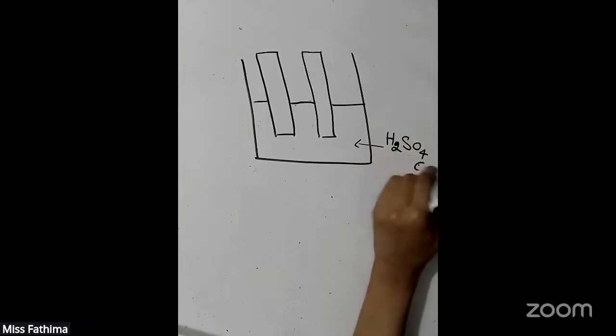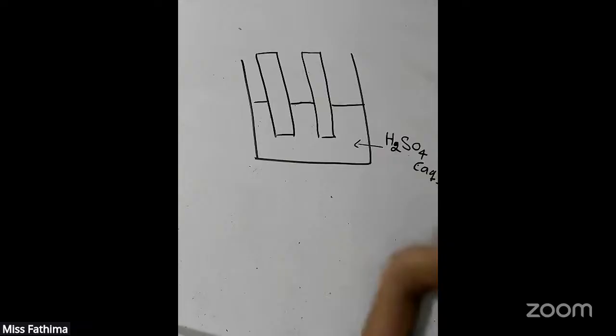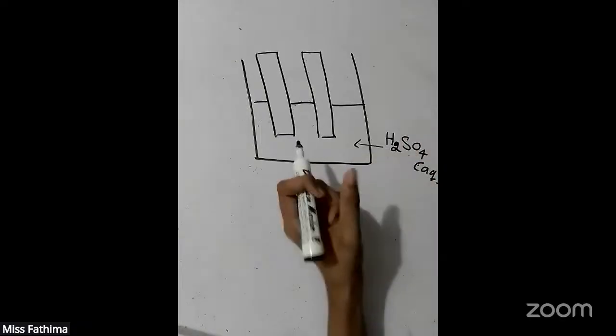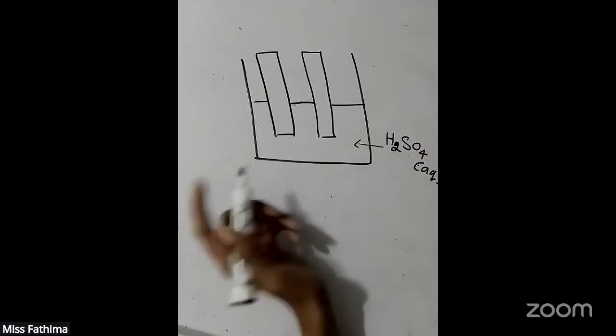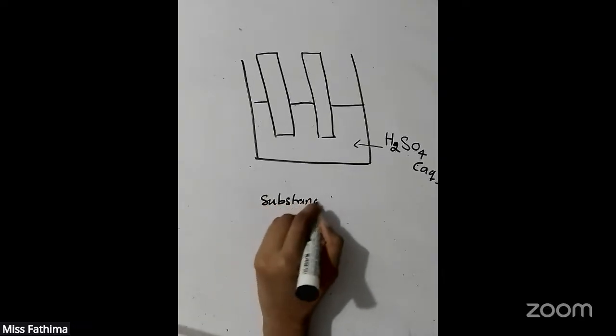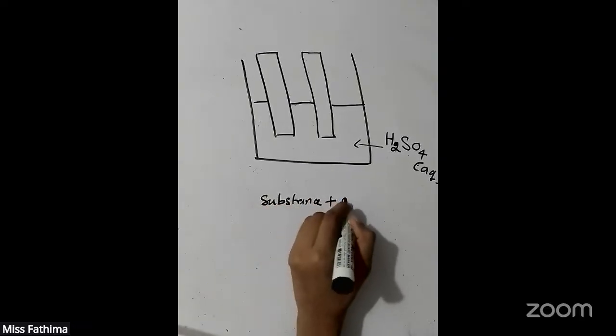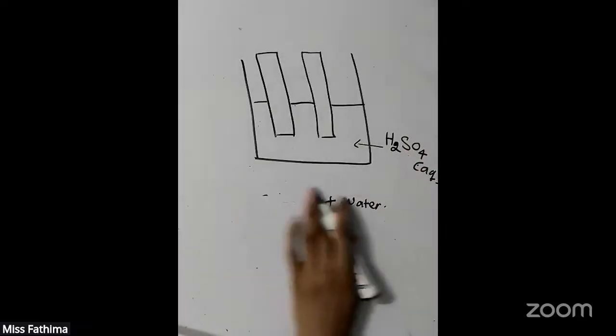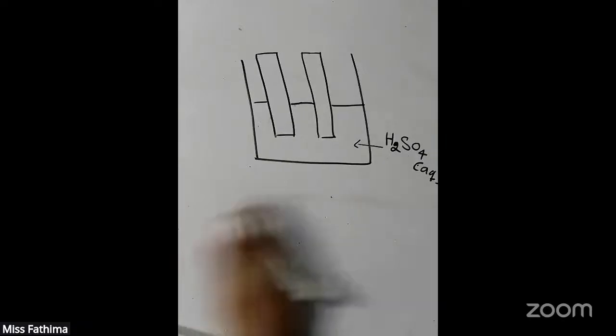H2SO4 aqueous. What is aqueous? Aqueous is a medium in which a substance is in contact with water. Here you have sulfuric acid with water, that means diluted sulfuric acid.